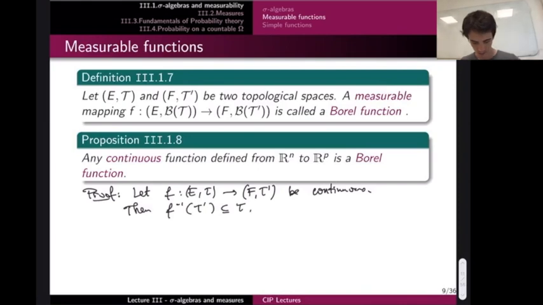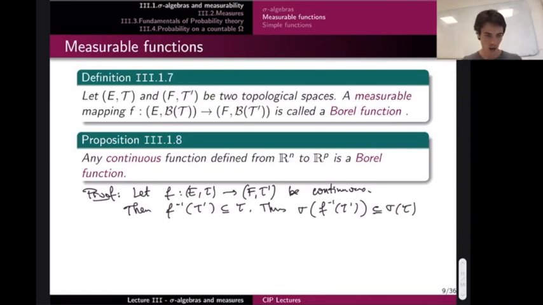Thus, and I will use the previous result, sigma of f minus 1 of T prime is included in sigma of T. Okay, I'm just using this relation here.